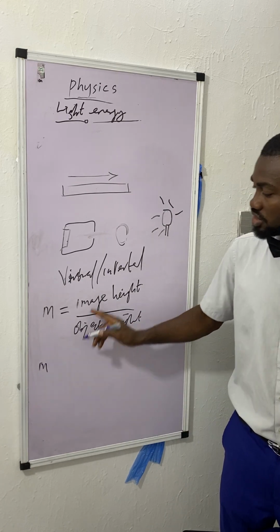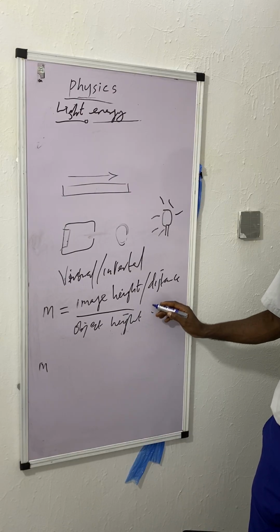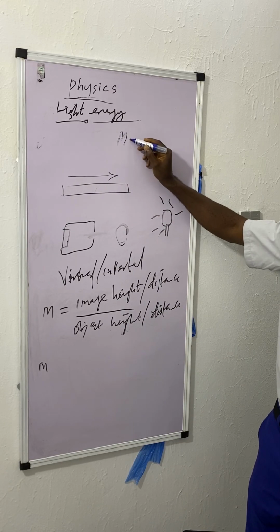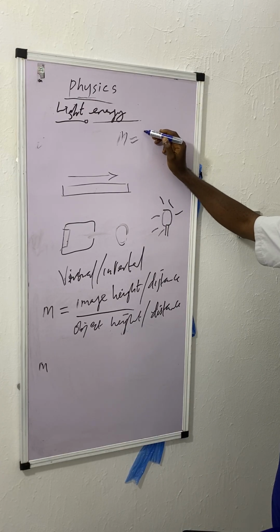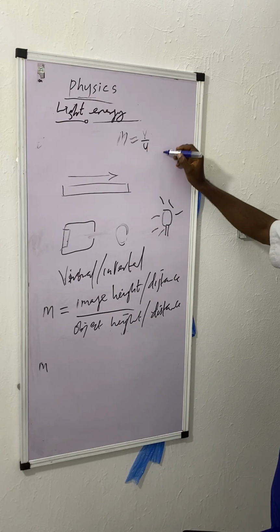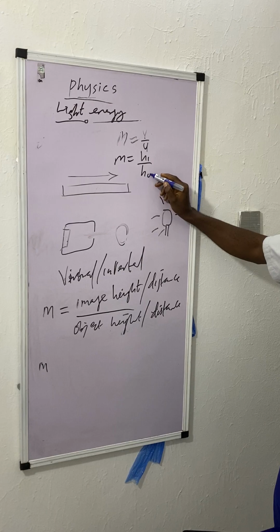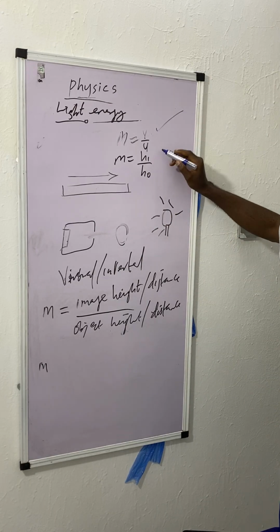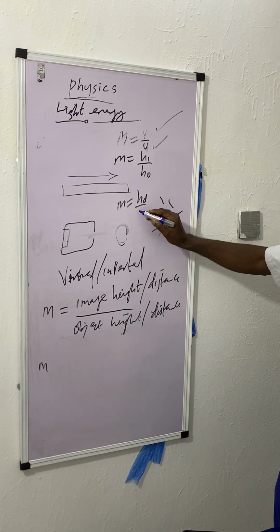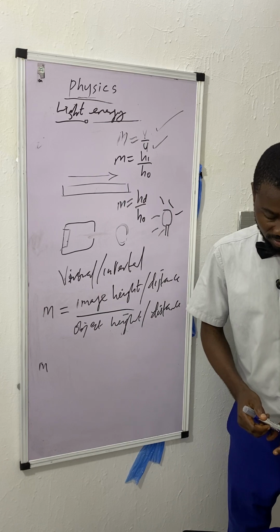Magnification is also equal to image distance over object distance. So it can be written as M equal to V over U, or as M equal to image height HI over object height HO, or as M equal to image distance DI over object distance DO. Don't forget this.